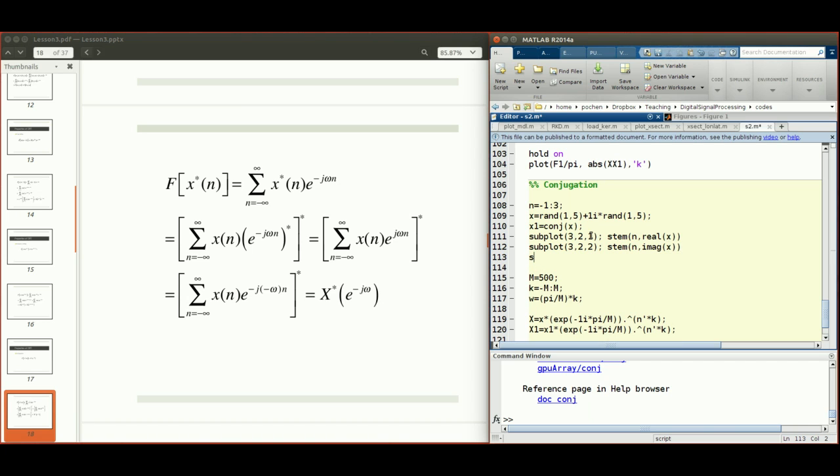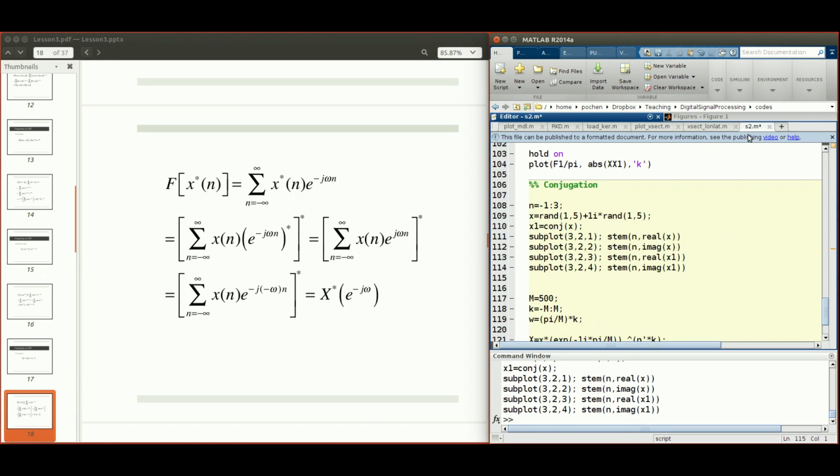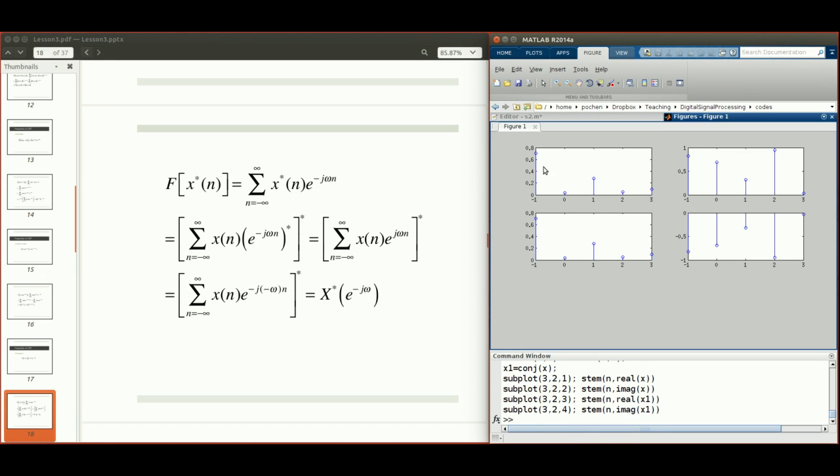Then subplot 3, 2, 3: stem n, real part of x1, that's the conjugated signal. And then subplot 3, 2, 4: stem n, the imaginary part of x1. If we execute it, we can go back to our signals to look at them.